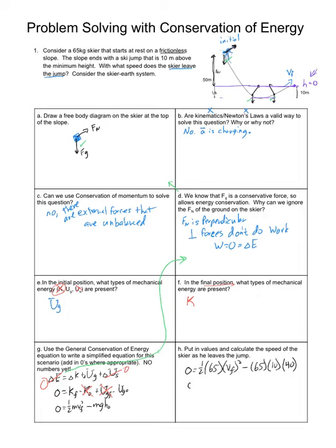All right? And so at this point, I can start plugging into my calculator. And I'm going to work through it a little bit just because I know there are a couple of people that are still having a little bit of a hard time getting the numbers to work out right. So 1/2 times 65 is going to be 32.5 times VF squared. And then I'm going to go 65 times 10 times 40. And that is 2,600, or sorry, 26,000.